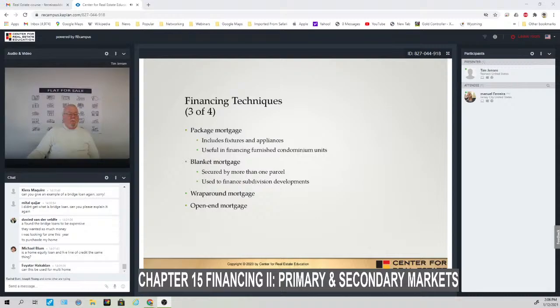Can this be used for multi-home? Explain. Can which one, the package or blanket, be used for, are you saying a multiple family home or multiple home purchases? I'm trying to understand your question, Evie.